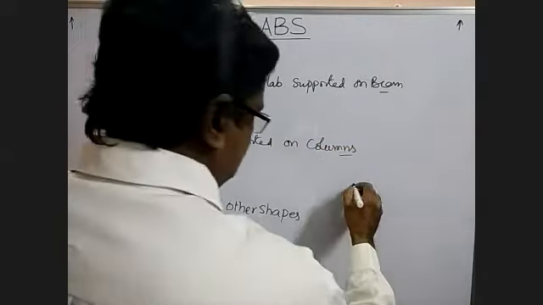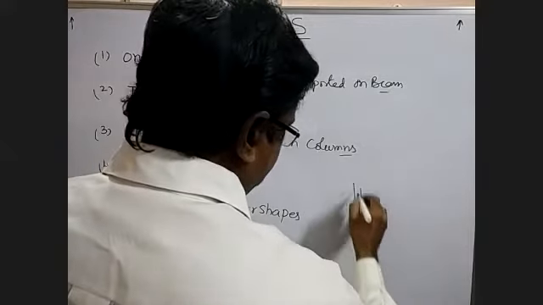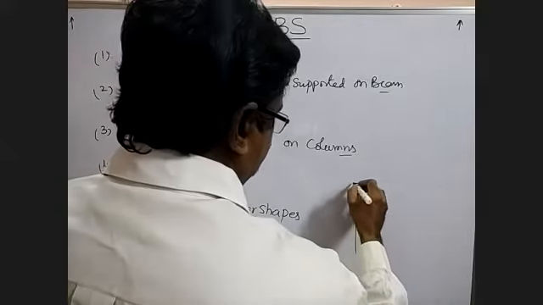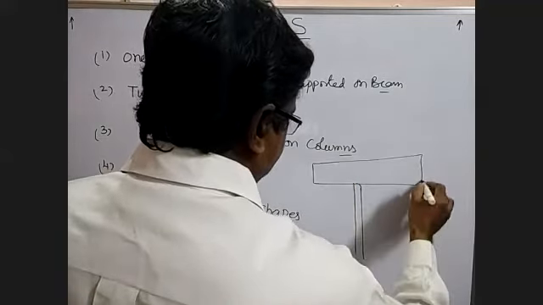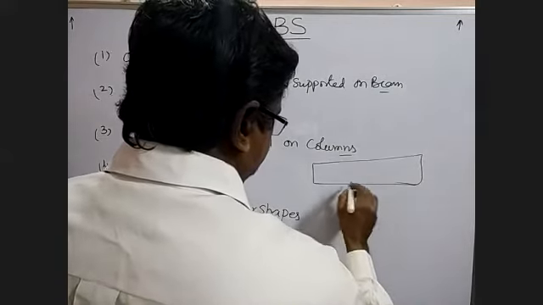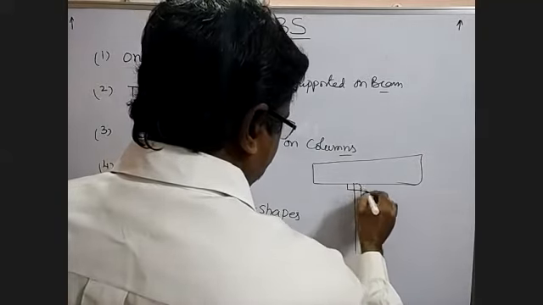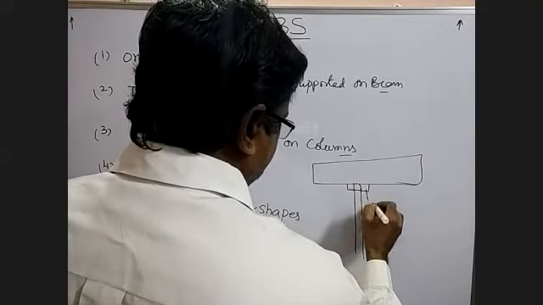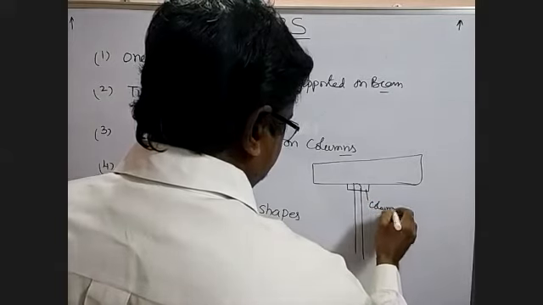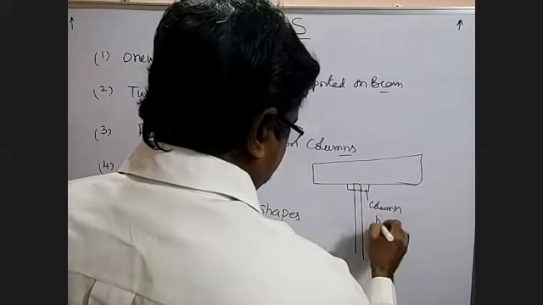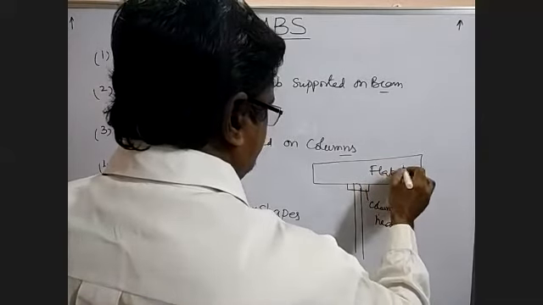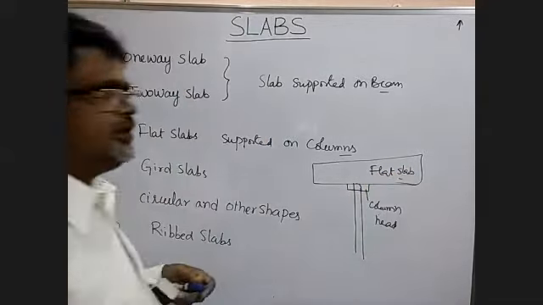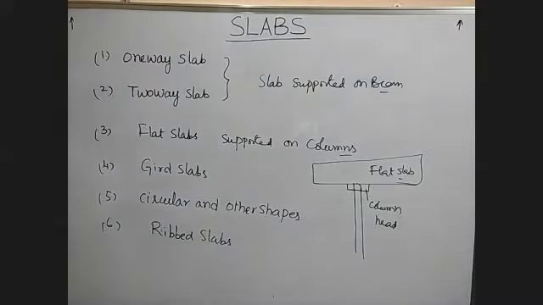That means you have a column here and we have a slab here. The slab is directly on this. So for that, you'll have a column head here. This is a flat slab. That means the slab is directly supported on the columns, not on the beams.